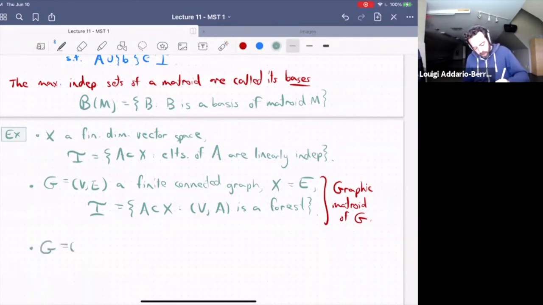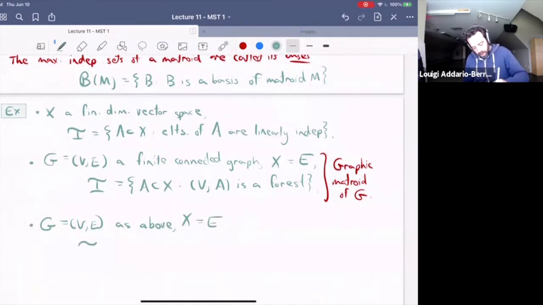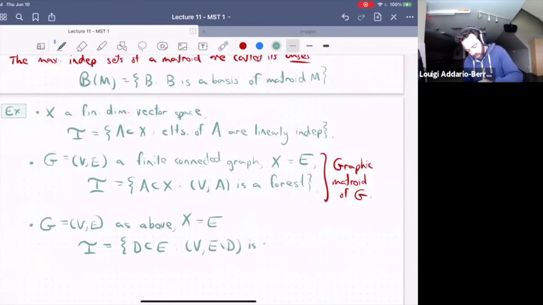Okay, a third matroid, or class of matroids, also based on graphs. So again, we'll take a finite connected graph, and then the ground set of the matroid will be the edge set. And now the independent system will be sets of edges with the property that if we remove the edges, if we take away the edges, then we still get a connected graph.